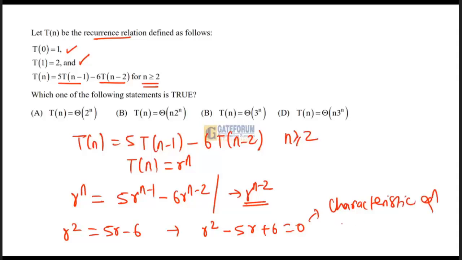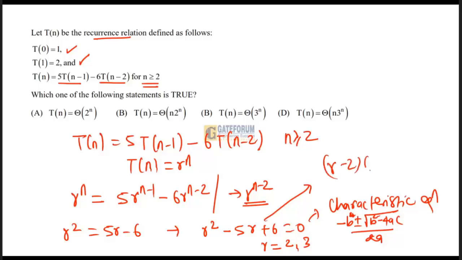Now we can use the simple quadratic formula, minus b plus minus square root of b square minus 4ac, divided by 2a. So we will get two roots here. The values of r will be 2 and 3, or we can simply see this equation as r minus 2 into r minus 3.